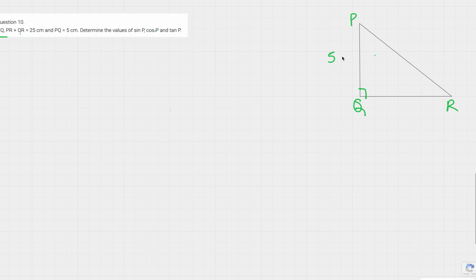PQ is 5 centimeter. So we are given only the PQ value, and we have to calculate the other two, QR and PR.